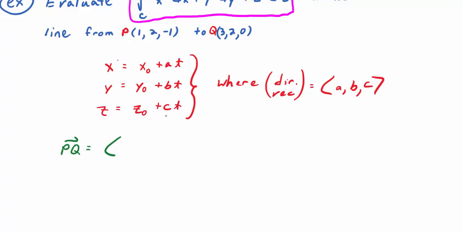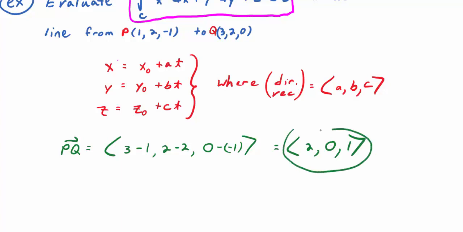So we would take 3 minus this 1. There's your first component. And then 2 minus 2, 0 is going to be your second component. And then 0 minus a -1, so 1 would be your third component. So 2, 0, 1 is your direction vector.